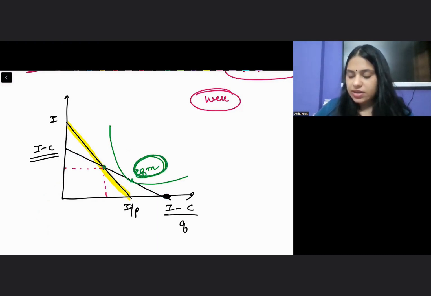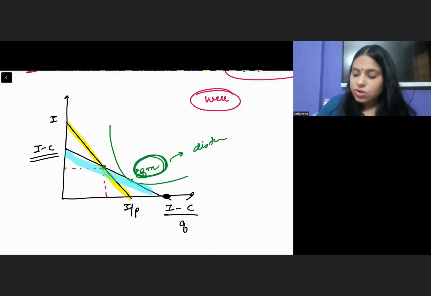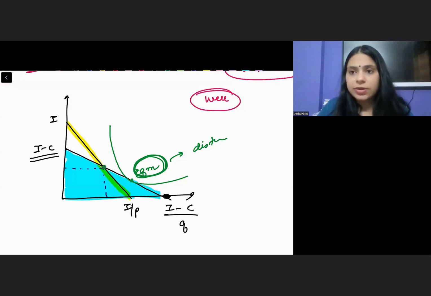Suppose this is where I attain equilibrium in the distinct market, then according to revealed preference theory, I cannot be anywhere on this budget line once I shift myself to the local market. So if I were to shift myself to the local market, I would have been somewhere here.